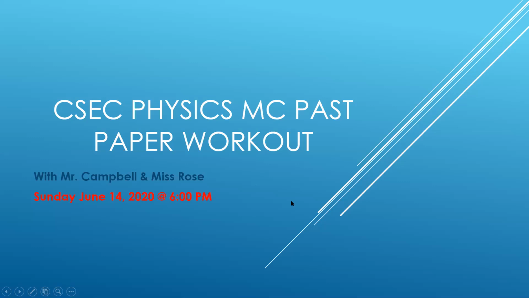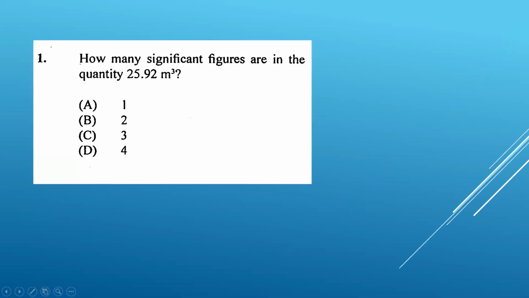All right, so first question, how many significant figures are in the quantity 25.92 cubic meters? Now, what I will be doing is to give you a bit of theory for each question.